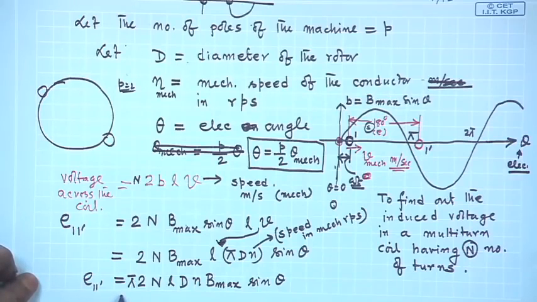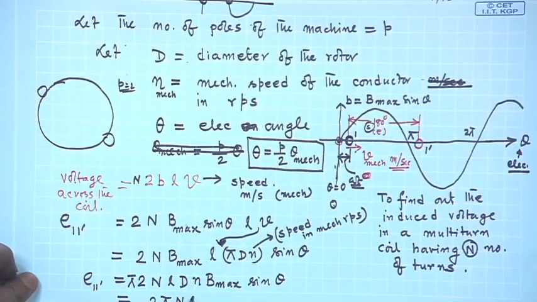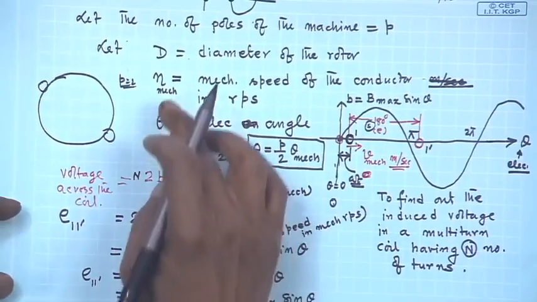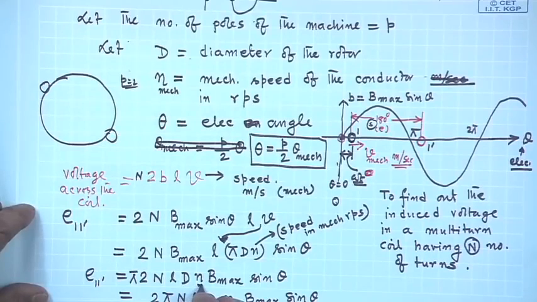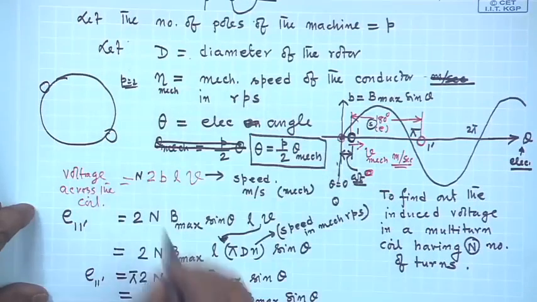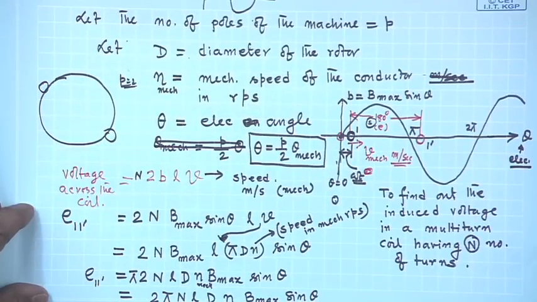Let me further write it as 2 pi n L D small n B max sin theta. Theta is in electrical radians. So this will be the speed; this is n mechanical here.